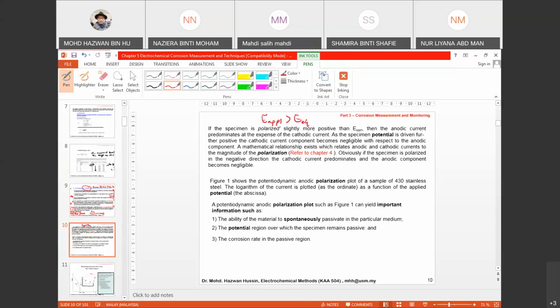The equilibrium potential is the one that we obtain during open circuit potential. So when the applied potential is bigger than the equilibrium potential, the reverse reaction will be negligible. The reverse reaction is the reduction process. You will have a more dominant oxidation process.